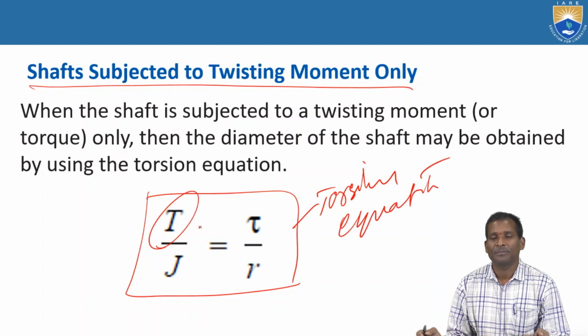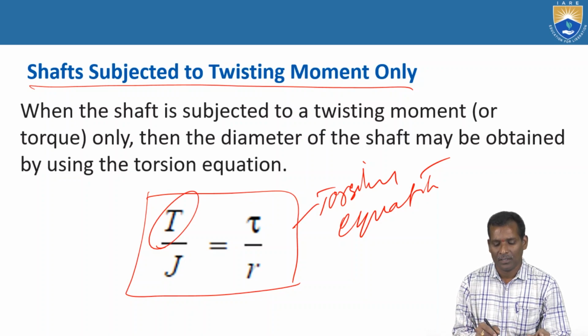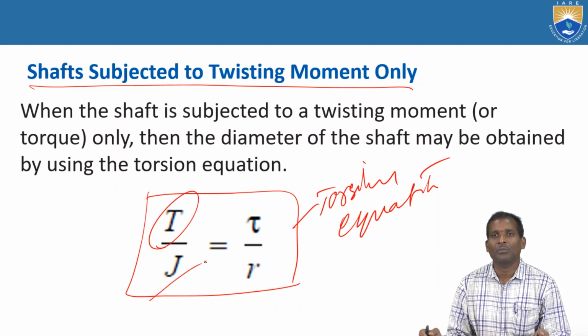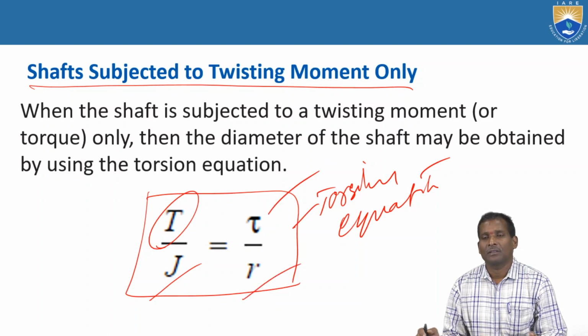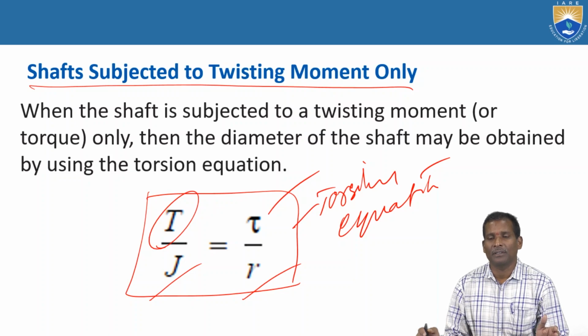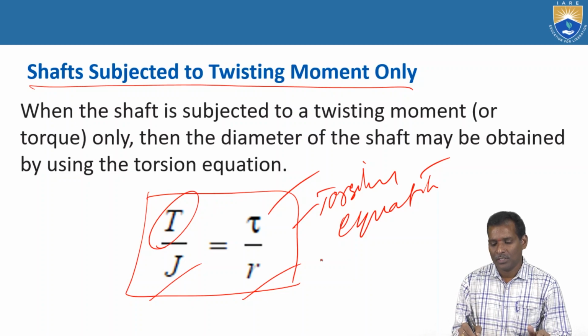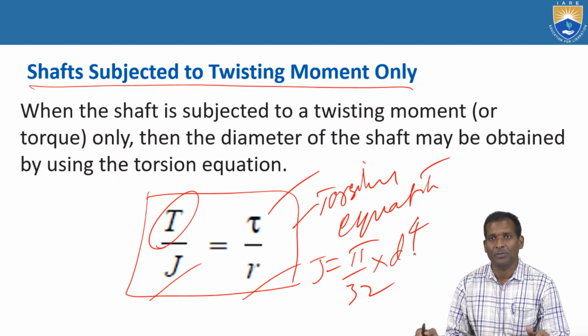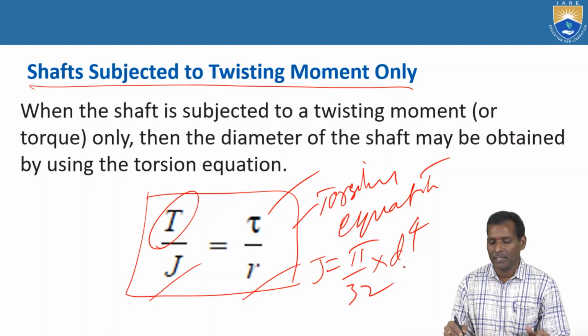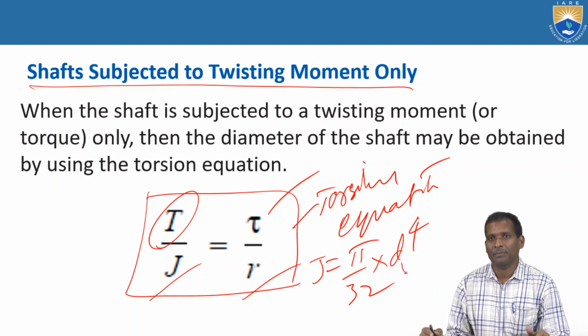What is T? Twisting moment or torque. J, polar moment of inertia. And tau, shear stress. And R is the distance of the topmost fiber from its neutral axis. J, the polar moment of inertia, you can calculate by using this relation: pi by 32 into d to the power of 4, where d is the diameter of the shaft.